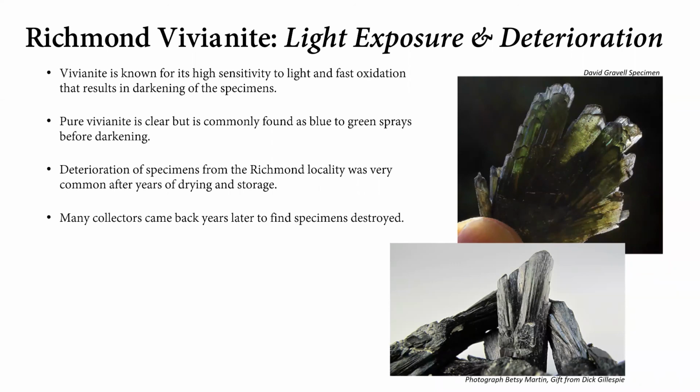What's actually happening here is there's an oxidation occurring, and that's resulting in the specimen's darkening. So Vivianite itself is actually clear. But as we all know, we normally find it in blue or green sprays, so it's normally darker. What's happening is that when Vivianite is hit by visible light, photons actually get into the Vivianite and cause a proton to be knocked out of a hydrogen atom.